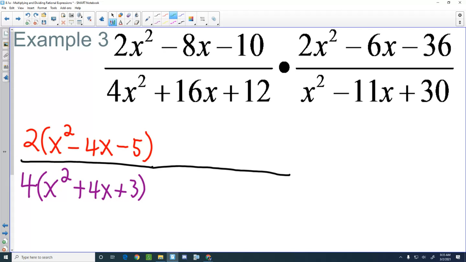So now let's look at the second numerator. I see 2, 6, and 36. Those are all divisible by 2. That leaves me with x squared minus 3x minus 18.